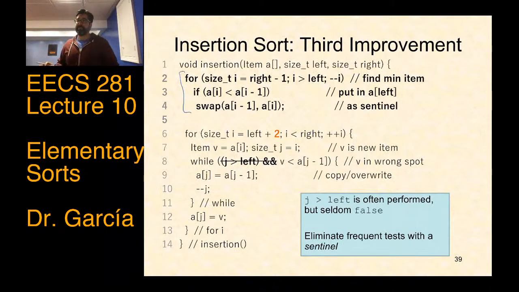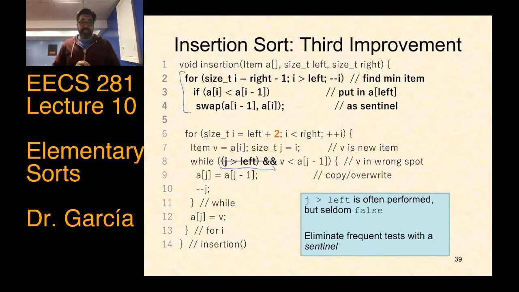You'd be like, well, why would I do that? Well, because if you place that element as your first element in the sorted section, then there's no point to have this check.